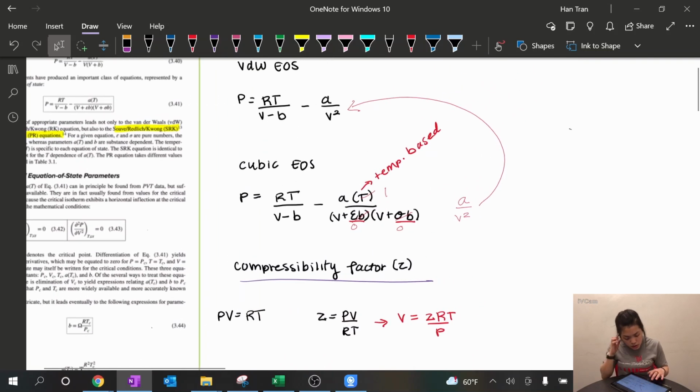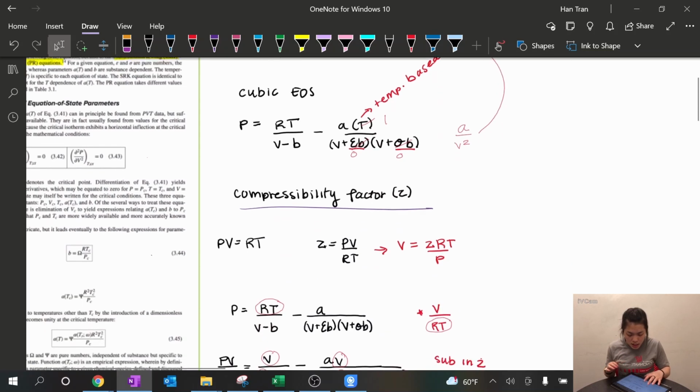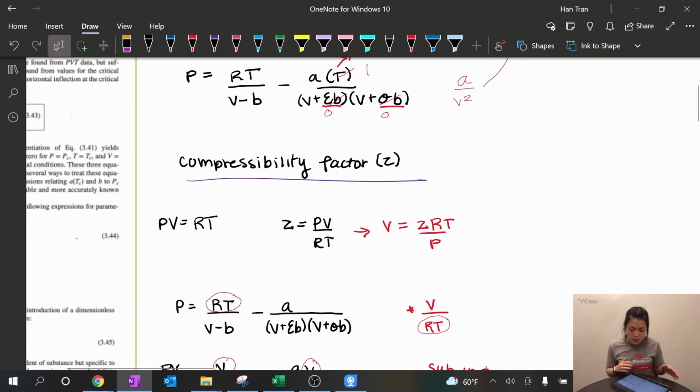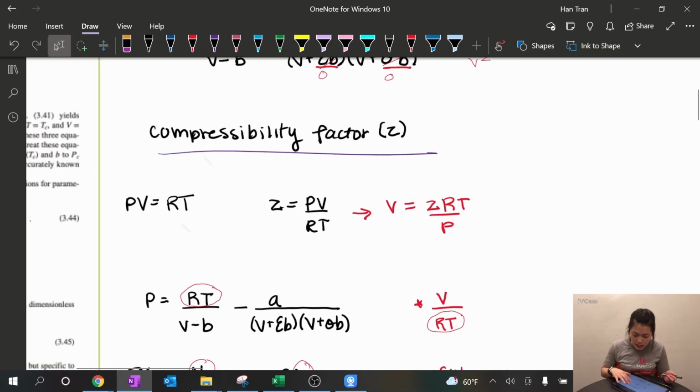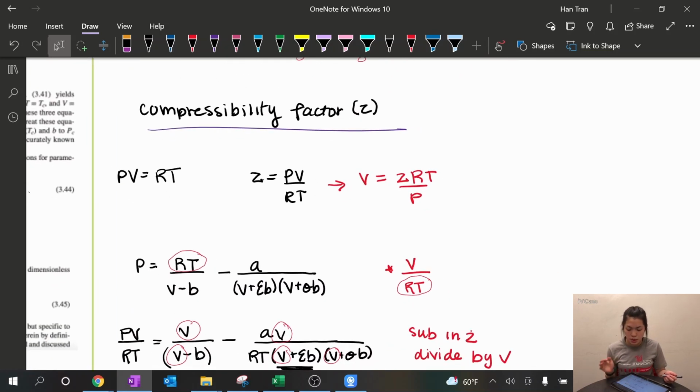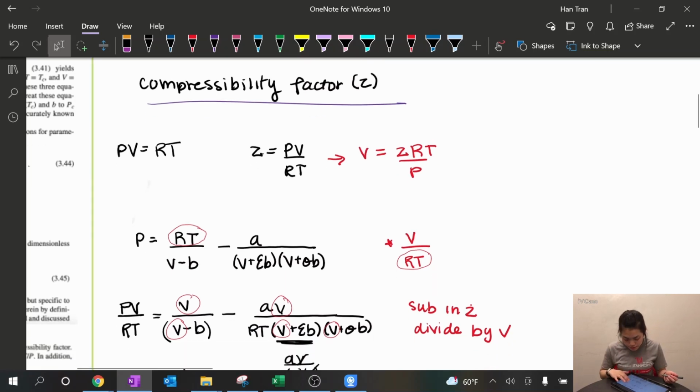So what we did was we used the generic equation of state and we used the compressibility factor. The compressibility factor is a factor that shows the deviation of a gas from what it would behave like if it was ideal. And so this can be defined as the compressibility factor equals pressure times specific volume divided by gas constant R times temperature.